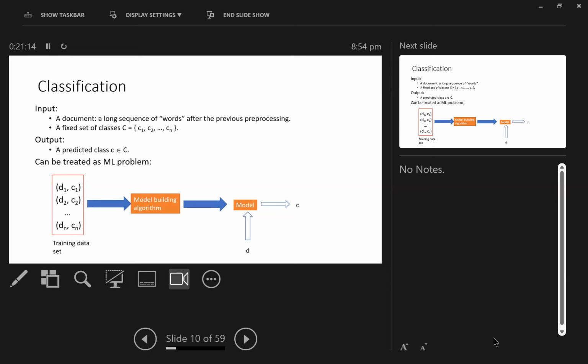In our case, given a lot of movie reviews, for each review we will look at whether it is positive or negative. Based on this information, we'll build a model or a program that will help us determine for any critic whether that critic is positive or negative. So this is what we want to build.